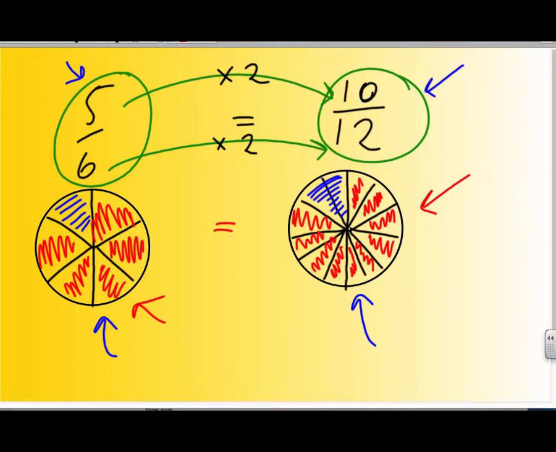It's important to remember 5/6 equals 10/12. But when we say 10/12 instead of 5/6, we're just giving the information in a different way. Maybe we've cut the pizza up into 12 parts instead of 6 parts. Let's have a look at another one.